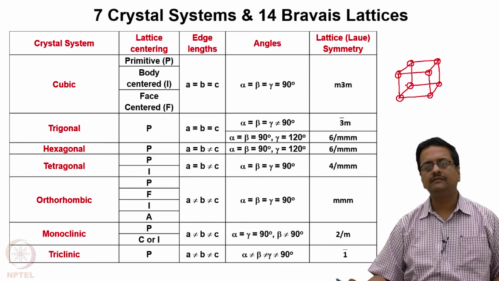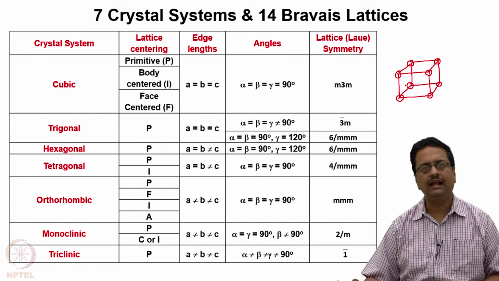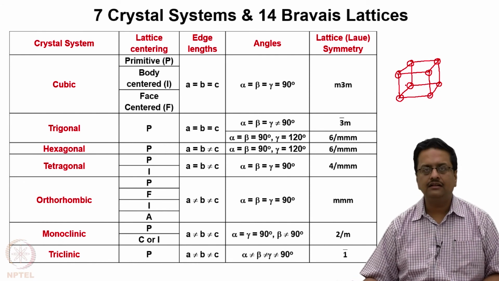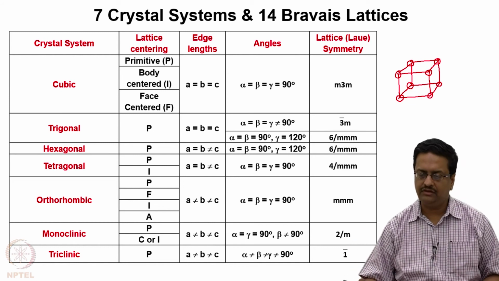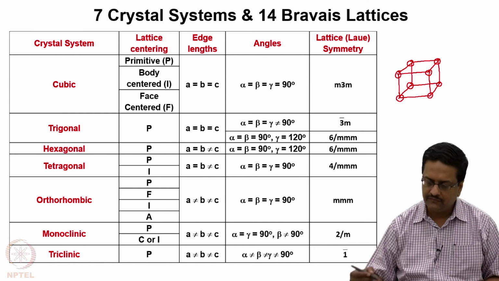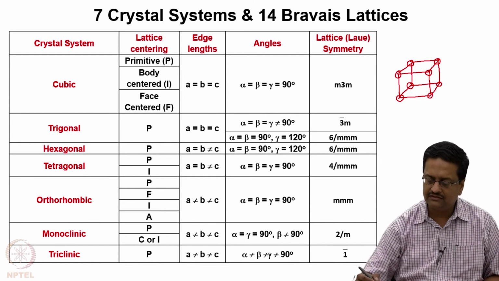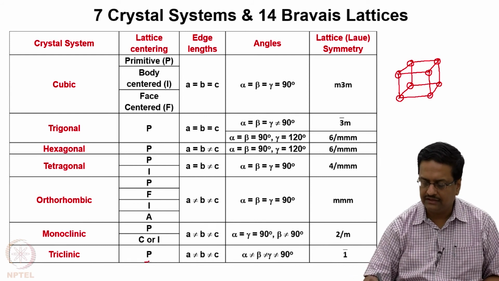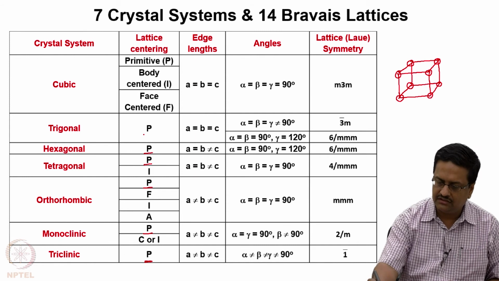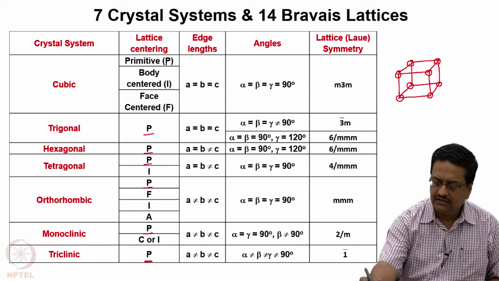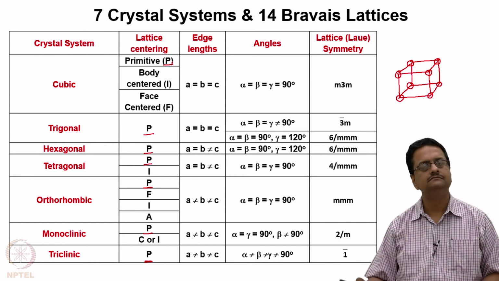So this primitive lattice is the most common lattice that is observed, and as you see here in the second column where we identified lattice centering, every system has a primitive type of lattice. Monoclinic has a primitive, orthorhombic has a primitive, tetragonal, hexagonal, trigonal and primitive in case of cube.